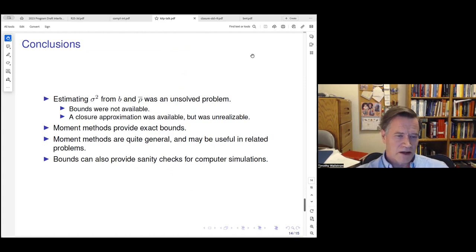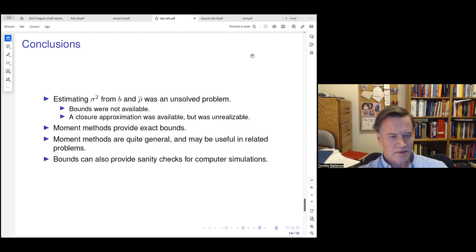I haven't gone into it, but the methods are quite general, and you can add in other constraints. For example, you can constrain the distribution to have a single hump, and that wouldn't be appropriate for this particular problem, but it might be useful in some other problems. So this is just one simple application of these methods.